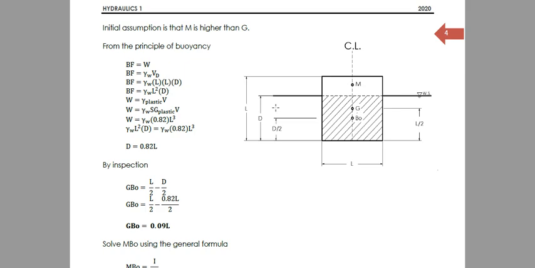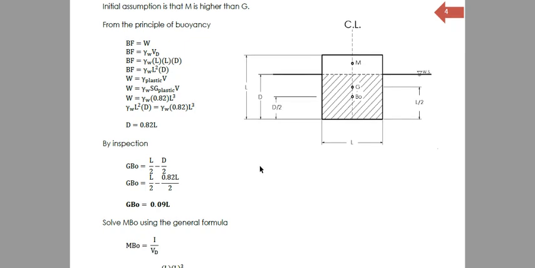So we can now solve for GBO by inspection. So GBO, distance between the center of gravity and the center of buoyancy. Since yung cube ay hindi naman loaded, wala siyang karga dyan sa tuktok, the center of gravity then is the center mismo ng body. So if one side is L, then the center is L over 2.